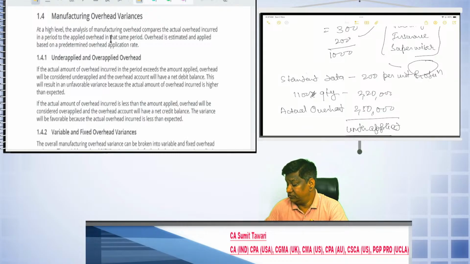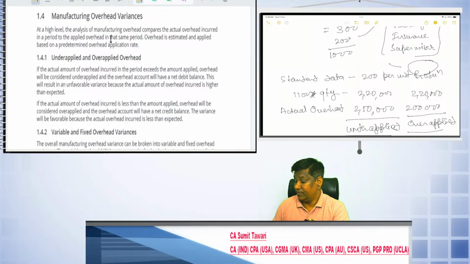And if it is again 2,20,000 and my actual cost is 200,000, then it is basically the over applied. Clear? This is a slightly tough concept, but I'm trying to explain in a proper way.